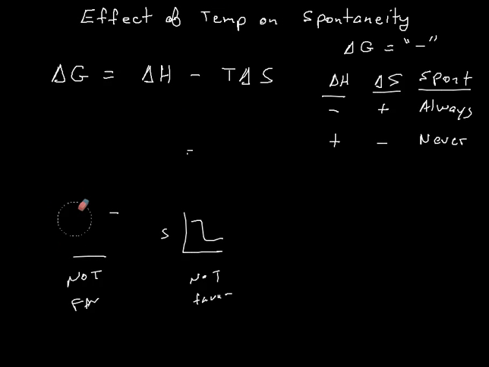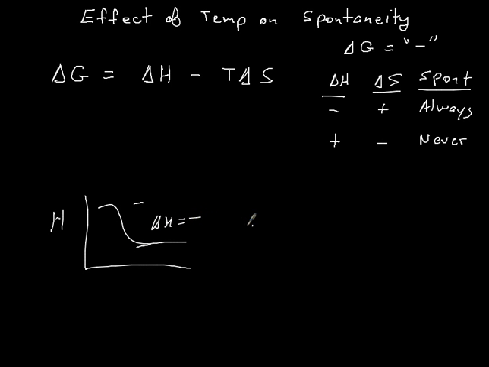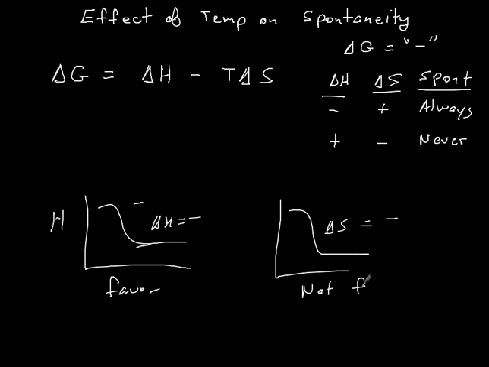All right, those are the two easy ones: always spontaneous, never spontaneous. What about if we have opposing favorabilities? What if we have a negative enthalpy and the entropy is also negative? In this case, this is favorable and this is not favorable.